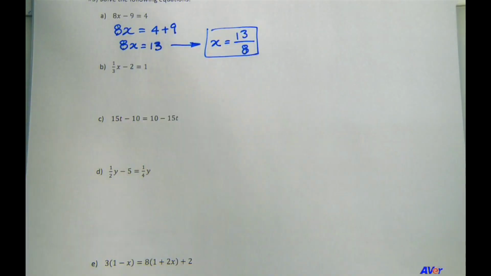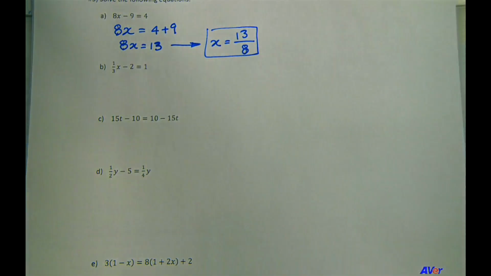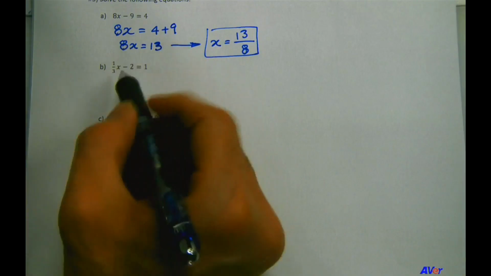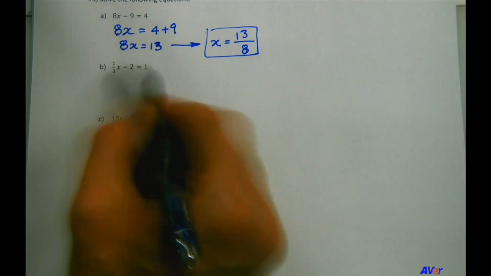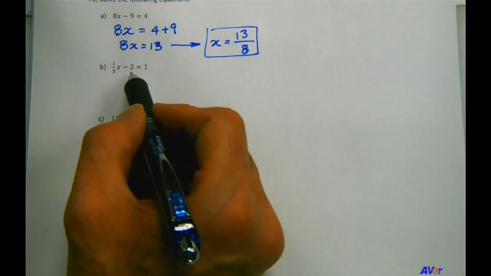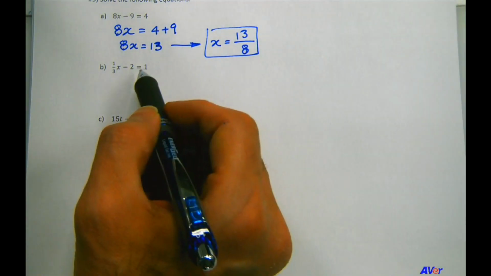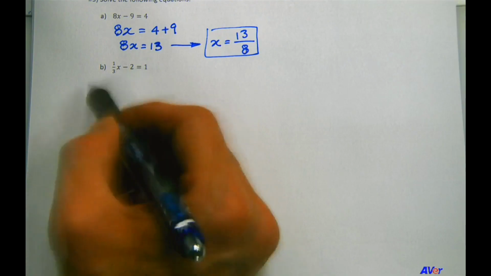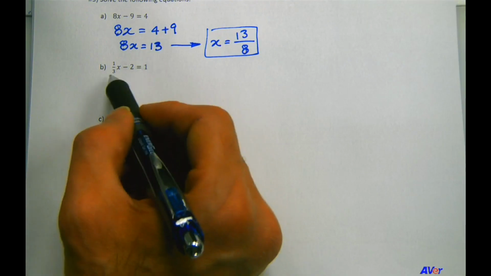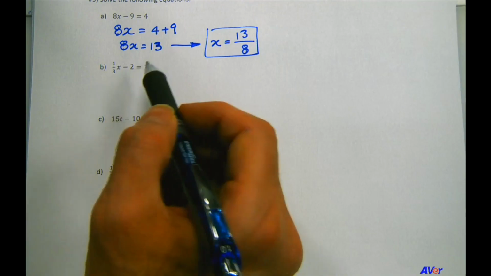A fraction. Nobody likes the fraction, right? Neither do I. So let's get rid of it. How do we get rid of the fraction? Well, we'll multiply the equation by a single term that would clear all fractions at once. Not one by one, but all fractions at once. In this case, fortunately, we just have one fraction.